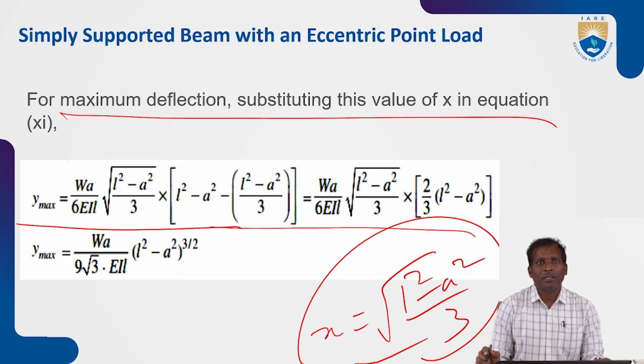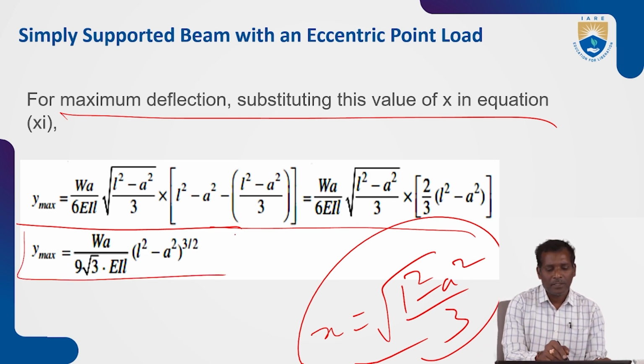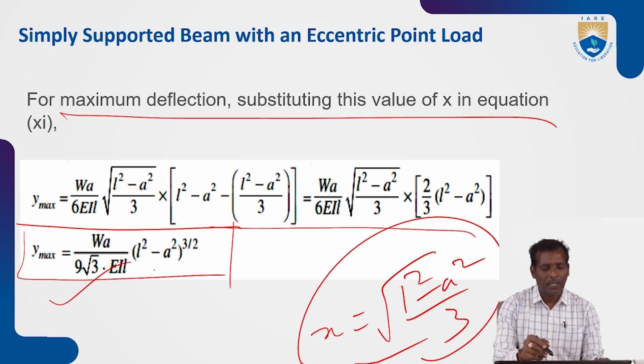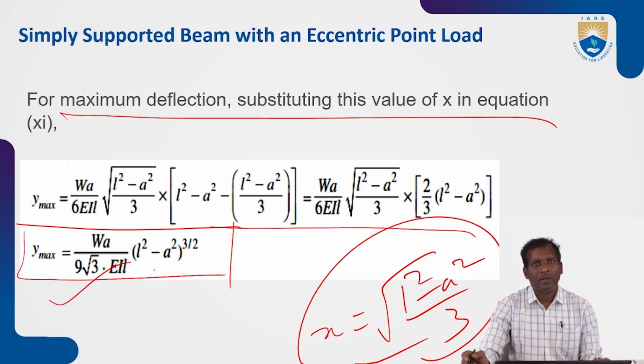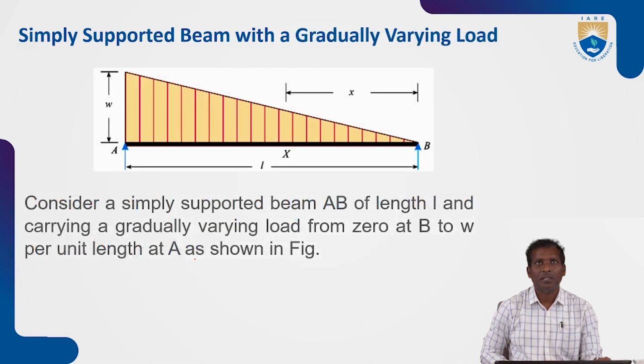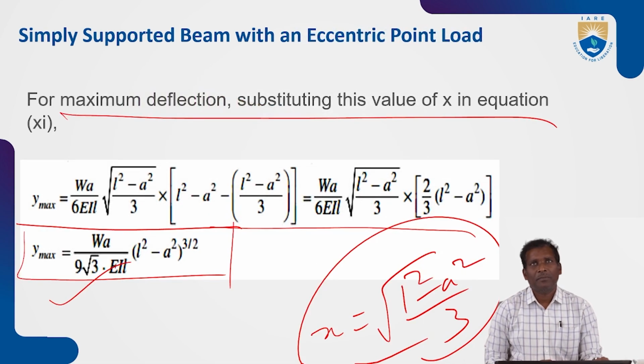After simplification, you will get the maximum deflection as W A by 9 root 3 EIL into L square minus A square to the power of 3 by 2. So this is the deflection. Like this, you have to calculate the slope and deflection of a simply supported beam with an eccentric point load.